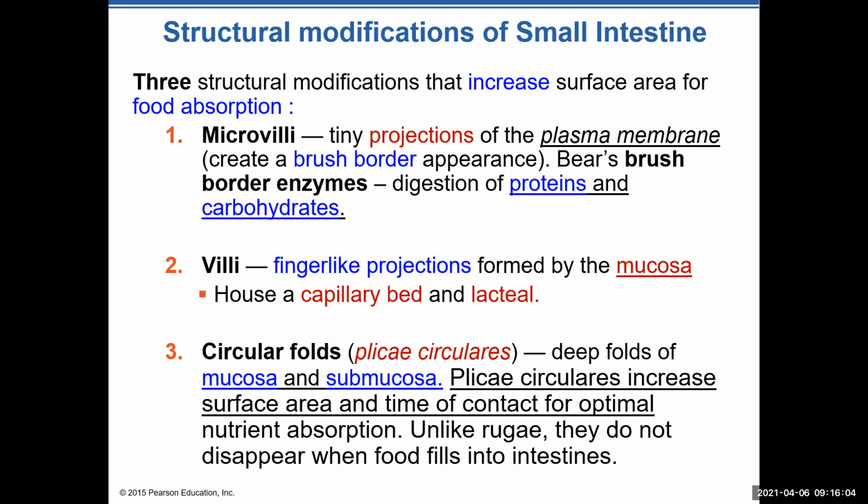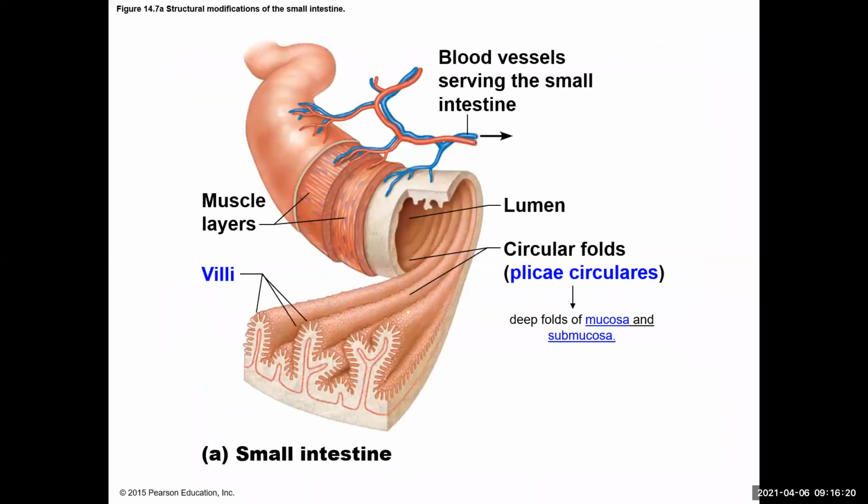And then what is so special about the small intestines? As I told you, this is an organ where the maximum amount of absorption takes place. So of course you would expect that it has the microvilli, the villi, and the plicae circulares. What is that? Now let's pay attention.